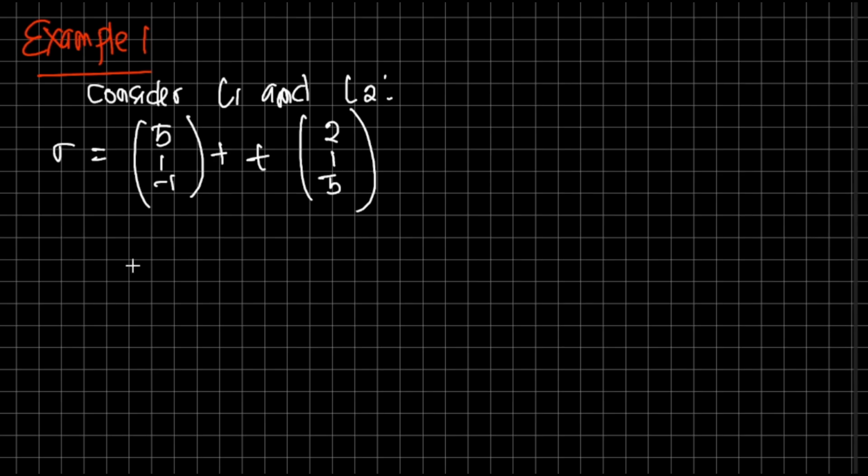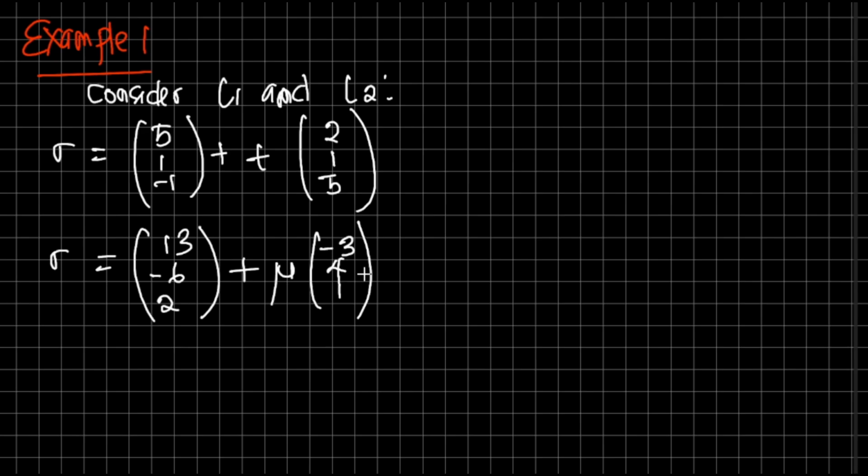That is L1, and this is L2, r equals (13, -6, 2) plus mu(-3, 4, 1), respectively. Show that the lines intersect and find the position vector of the point of intersection.